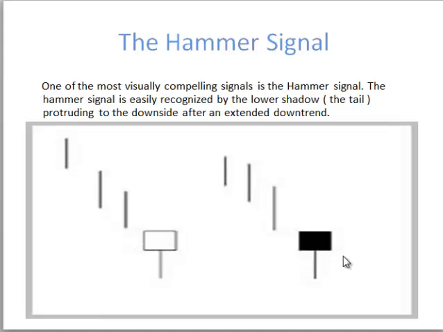In the case of the hammer signal, the tail or the lower shadow will be 2 times greater than the body. Now the body can either be bullish, white, or bearish. The main factor of a hammer signal is a tail 2 times greater than the body, and it's usually going to be found at the end of a downtrend.